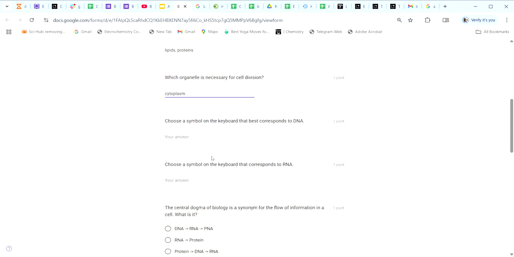Choose a symbol on the keyboard that best corresponds to DNA.